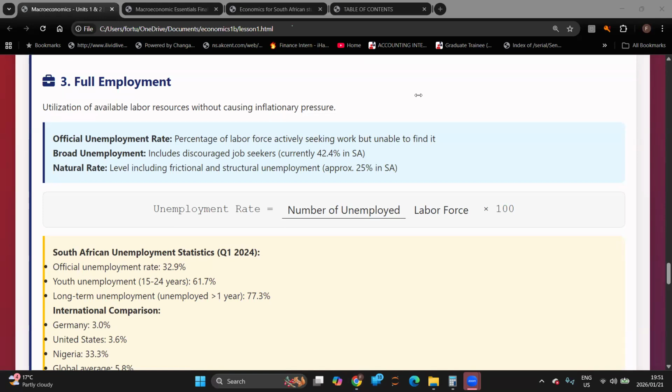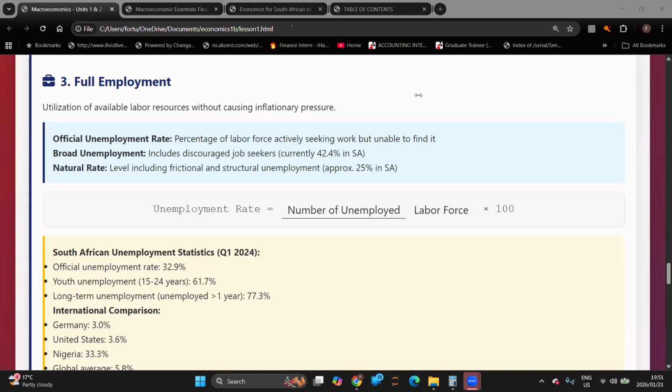So the utilization of factors of production is tracked by a metric that we refer to as full employment, but of particular importance, or the one that we give greater weighting when it comes to full employment, is the labor resource. So the labor resource is very, very important because it indicates what percentage of the population do we have that has access to employment.